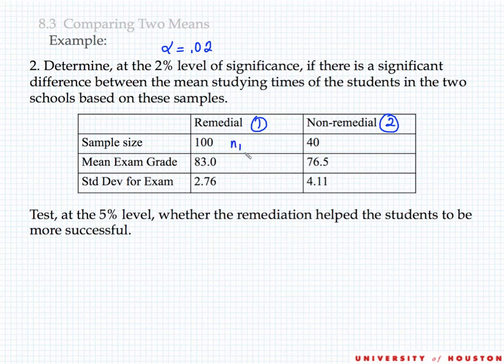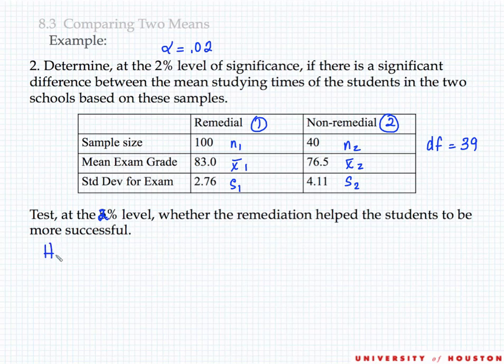So this 100 is N1, here's my X bar 1, and here's my S1, N2, X bar 2, and S2. The smaller of my n's is 40, so my degrees of freedom will be 39. Oops, this example changed the number. Let's change that back to 2%.